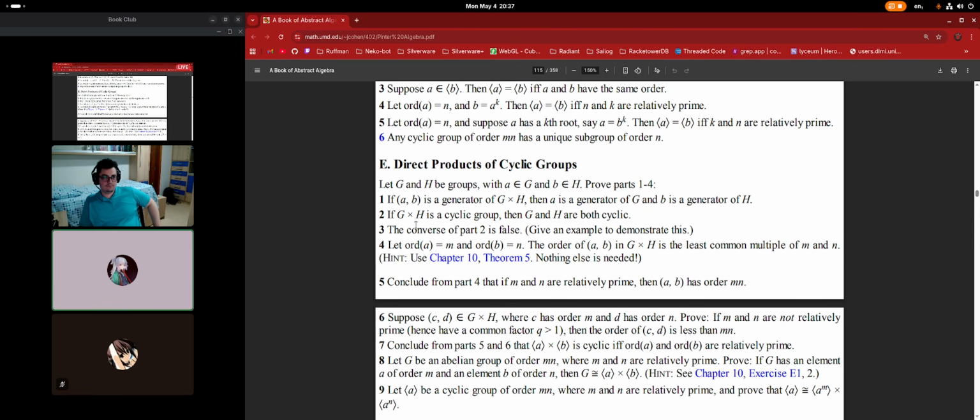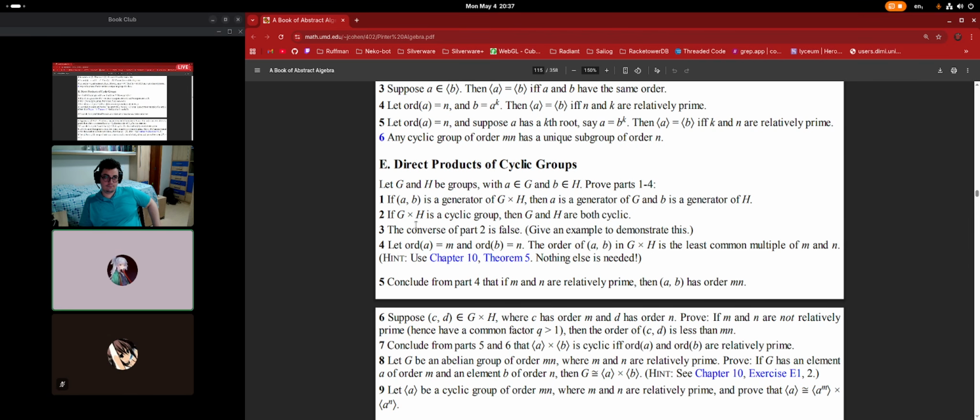Modular arithmetic. If G is Z2 and H is Z3, then actually the product of those is cyclic. But it is cyclic because 2 and 3 are relatively prime to each other.